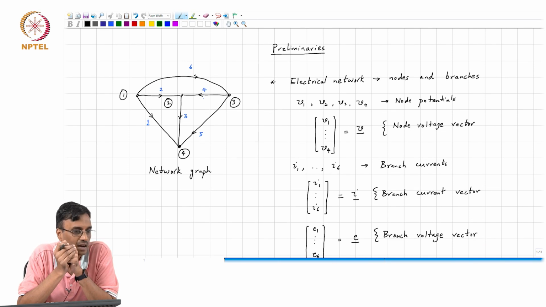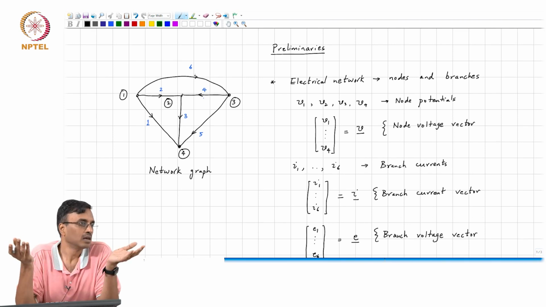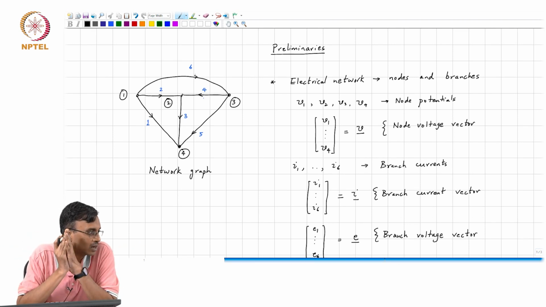And what are the cornerstones with which you can solve the network? The well known Kirchhoff's current and voltage laws, right?